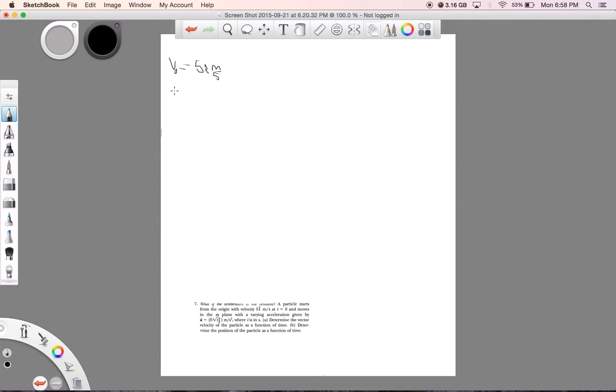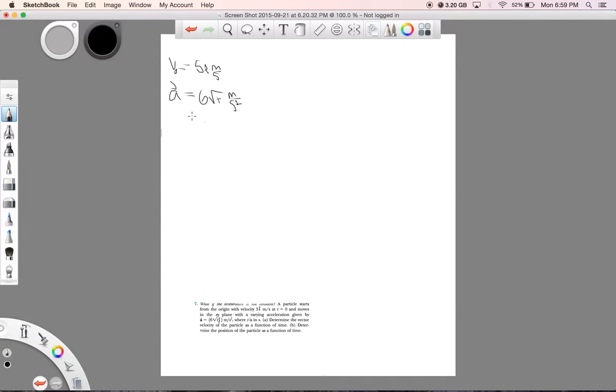And then the acceleration is equal to 6 times root t meters per second squared. Okay, so what we have to do is use antiderivatives in order to figure out the vector velocity and the position as a function of time.